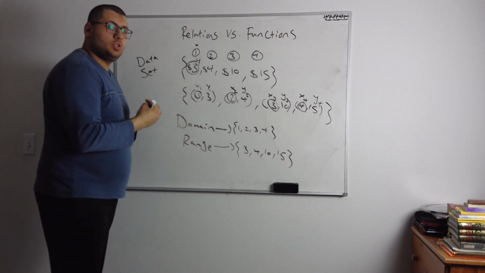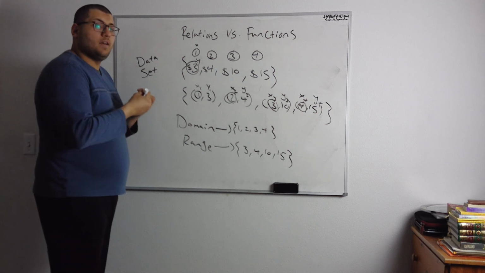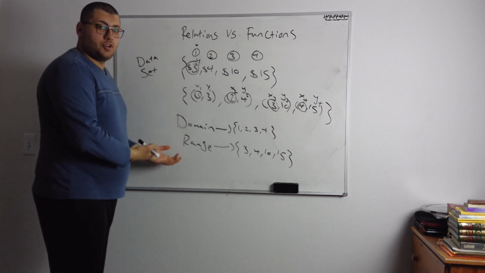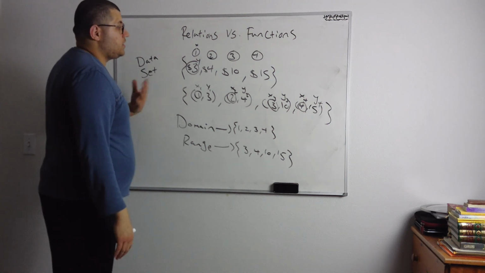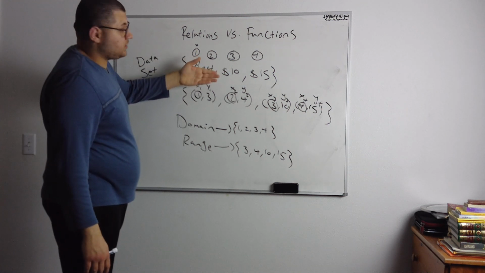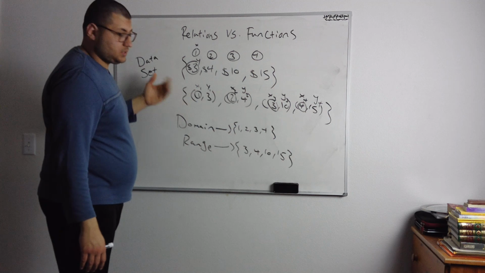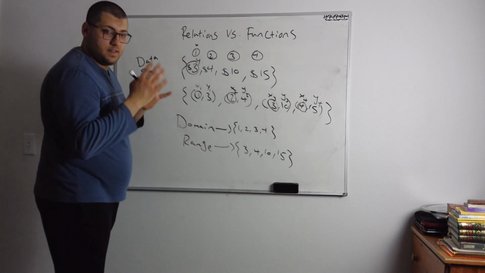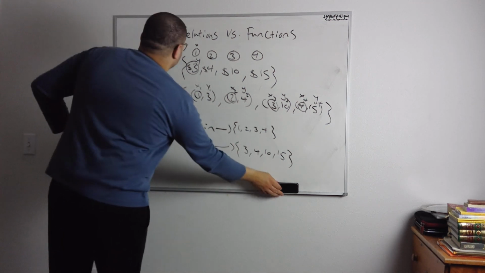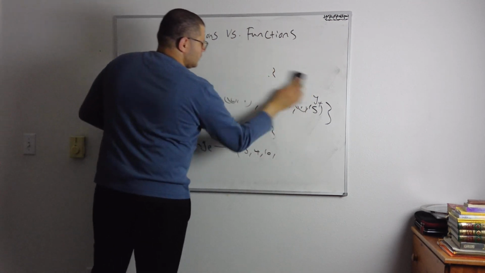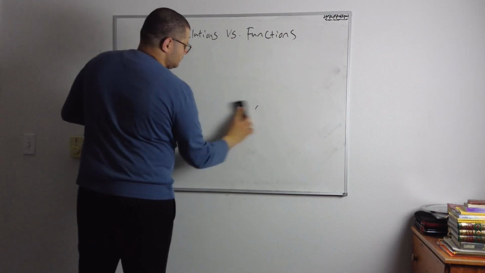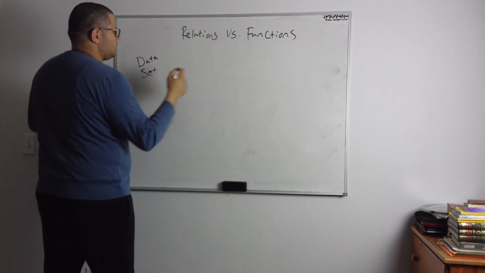Now, we need to learn how to determine if a certain dataset represents a function or a relation. Now that you know what a dataset looks like, how it's represented, and what domain and range are, let's get to how to determine if a dataset is a relation or a function. Say you have a dataset.